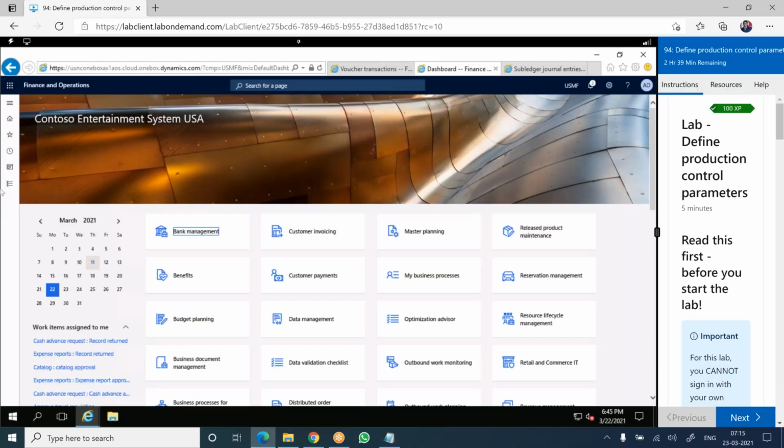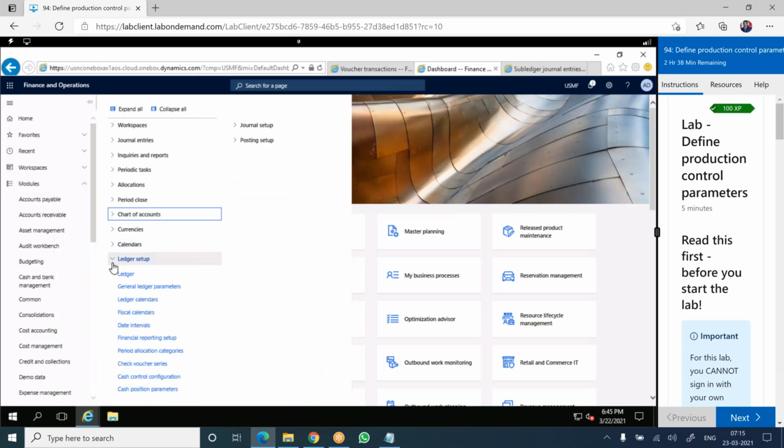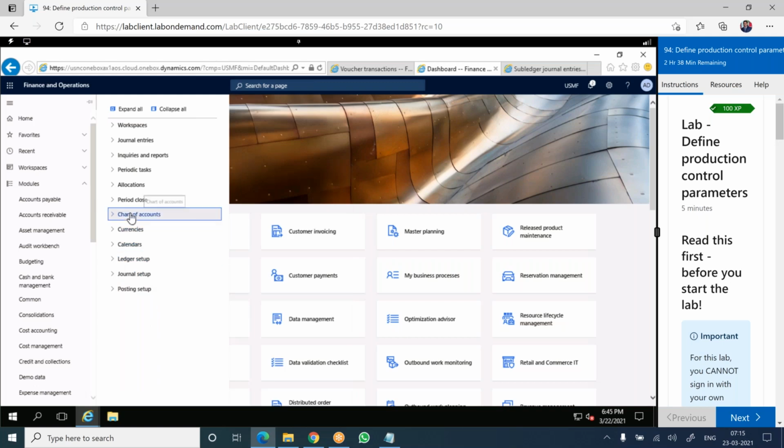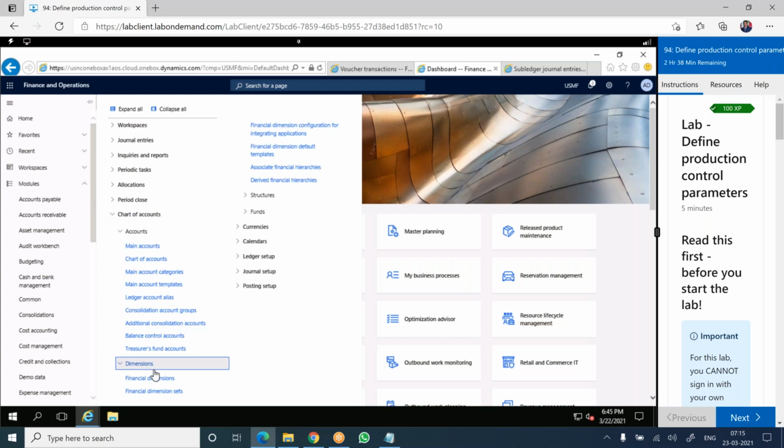Next, if you go here, financial dimensions, chart of accounts, dimensions, financial dimensions.